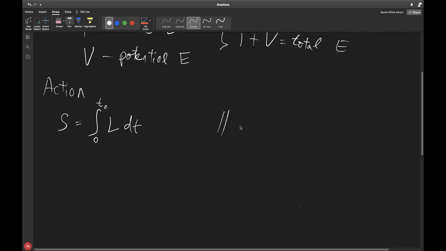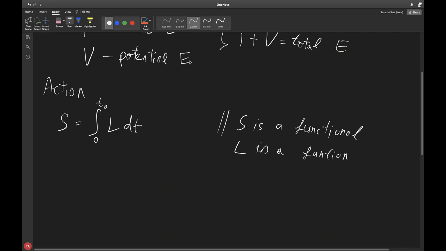So S is a functional, and L is a function. A functional is when you are integrating a function.